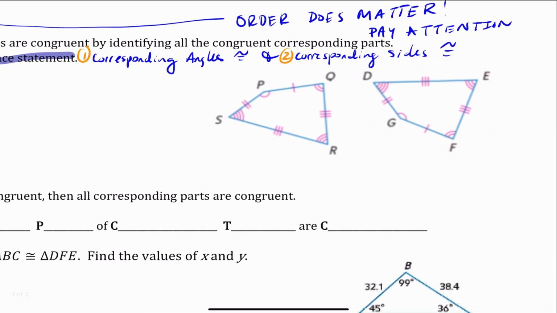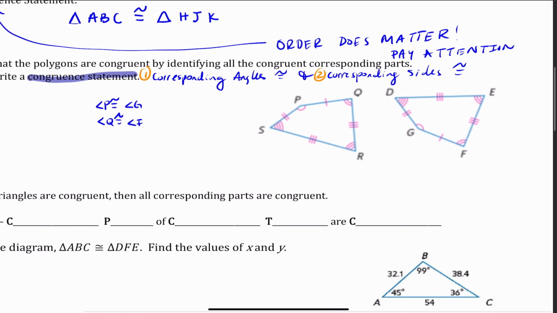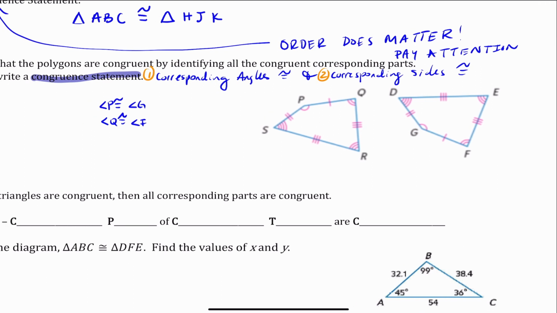So I can see that angle P, since it has 1 arc here, is congruent to angle G. And then angle Q has 2 arcs here, so I compare that to angle F. So angle Q is congruent to angle F. Okay, and then the next thing is, since this has 3 arcs, that is congruent. So R is congruent to angle E.